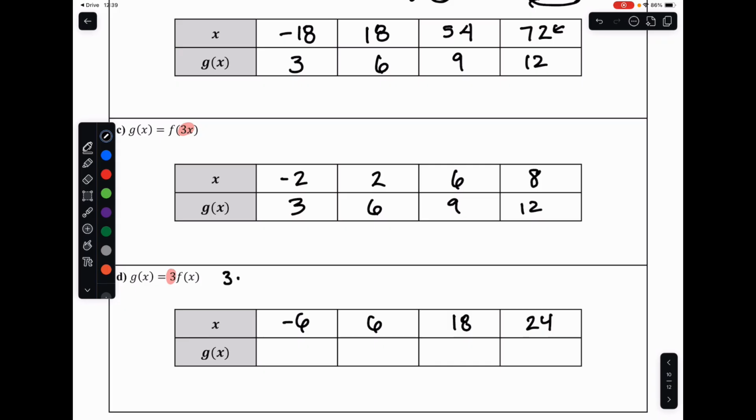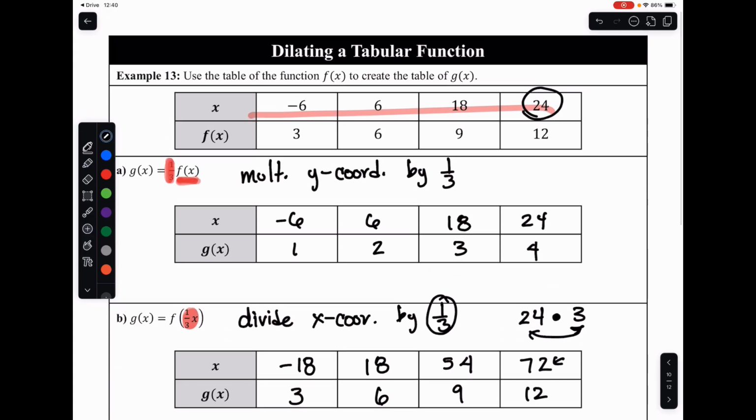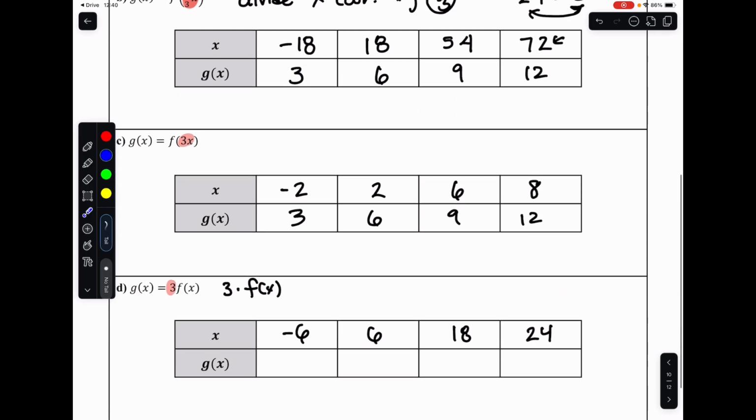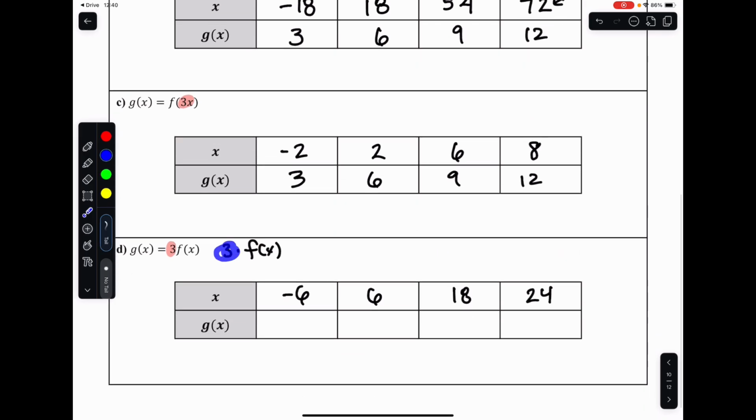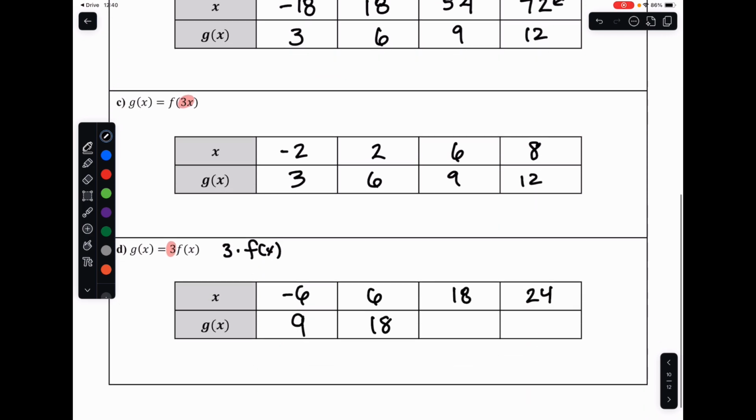So since this is 3 times f of x, we're going to multiply our f of x values, which again are our y values. We're going to get these f of x values and simply multiply them by 3. So 3 times 3 is 9, 6 times 3 is 18, 9 times 3 is 27, and 12 times 3 is a total of 36.